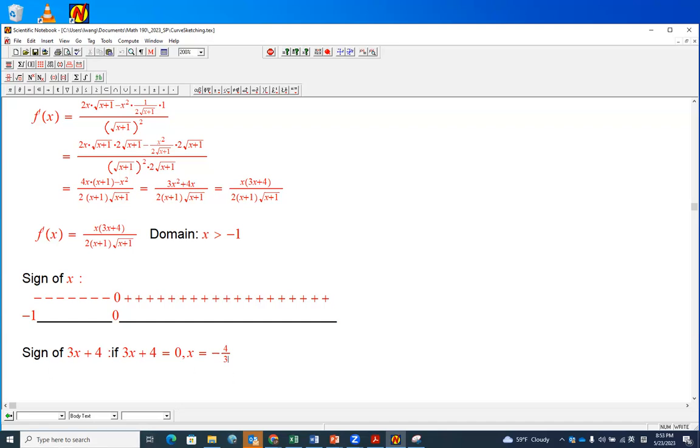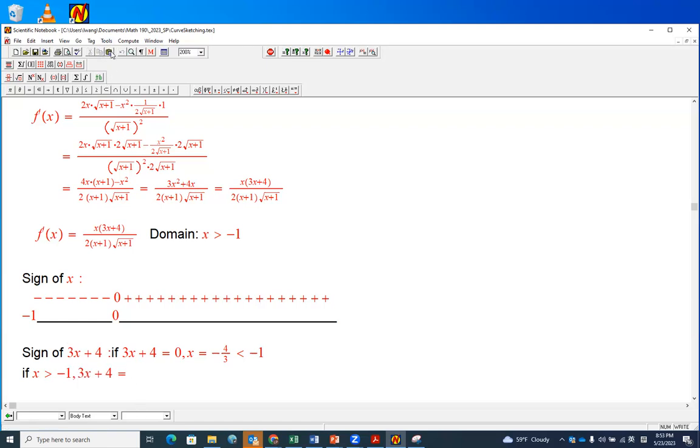Well, x is larger than -1. Negative 4/3 is smaller than -1. So 3x plus 4 will never be 0. If x is larger than -1, what happens to 3x plus 4?